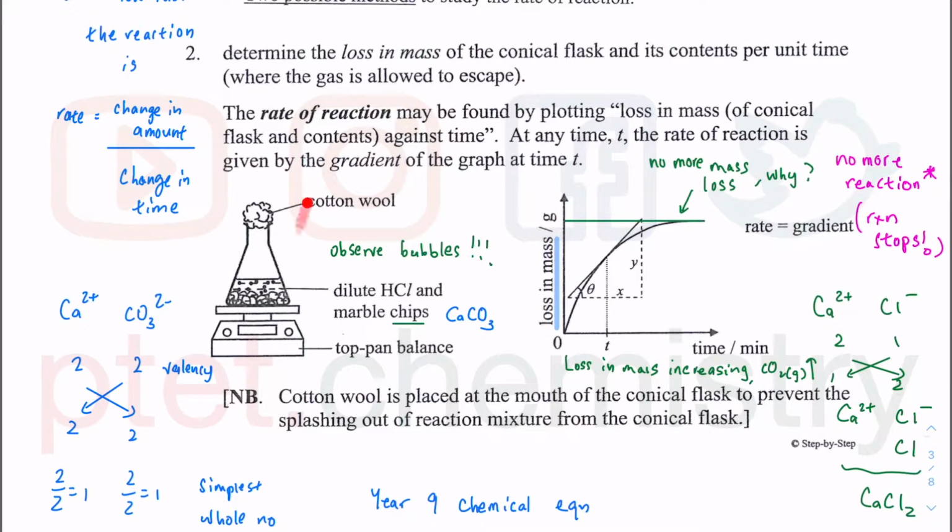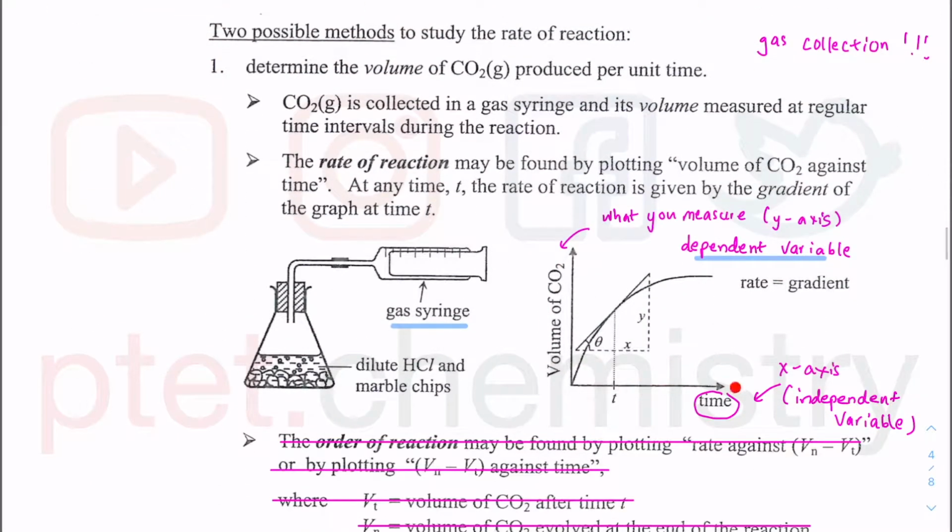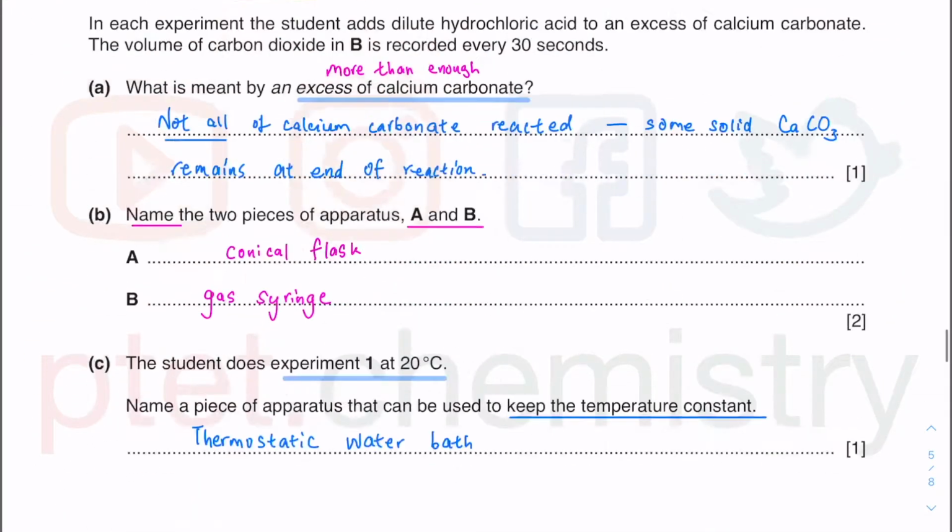As you are losing the gas here, you can plot a loss in mass against time. Similarly, the gradient is going to tell you how fast the reaction is going, the rate of reaction. Of course, the one covered in this question was to do with the volume of gas collected against time. Similarly, the gradient is going to tell you how much gas is being produced over the time there. So it's going to tell us the rate of reaction.